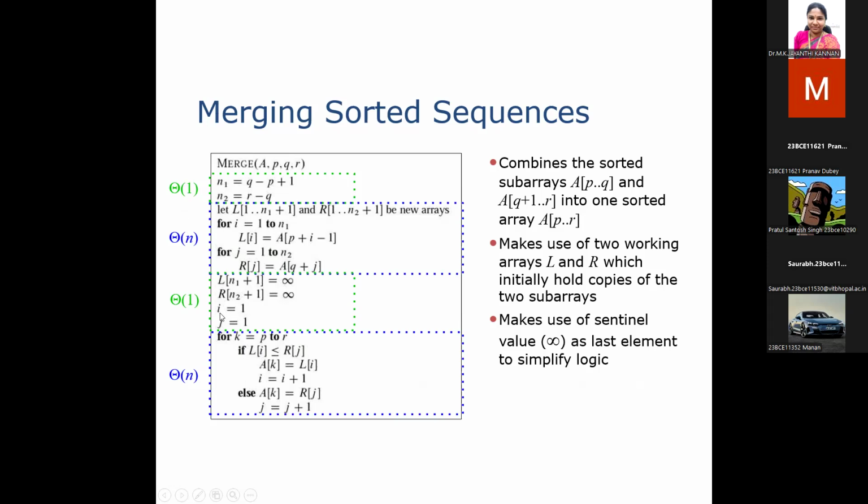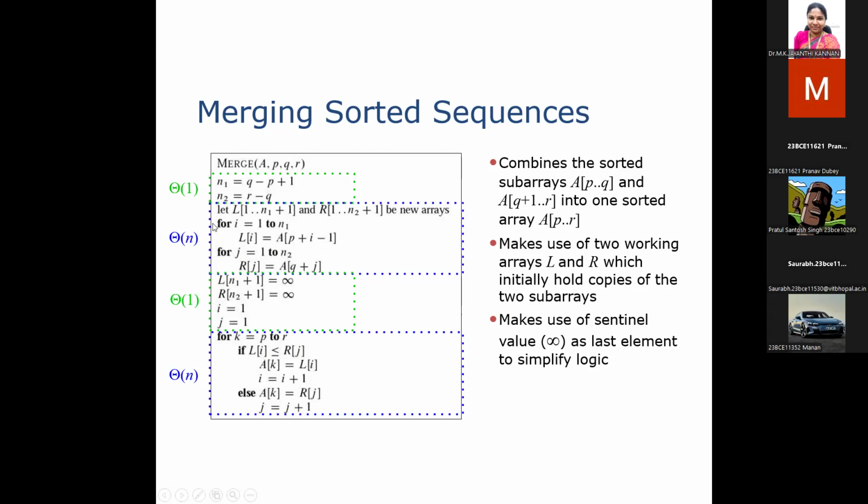So two order of one statements, two order of n statements. This combines the sorted subarrays A[p to q] and A[q+1 to r] into one sorted array, making use of two working arrays L and R, which initially hold copies of the two subarrays. It uses the sentinel value infinity as the last element to simplify the logic.